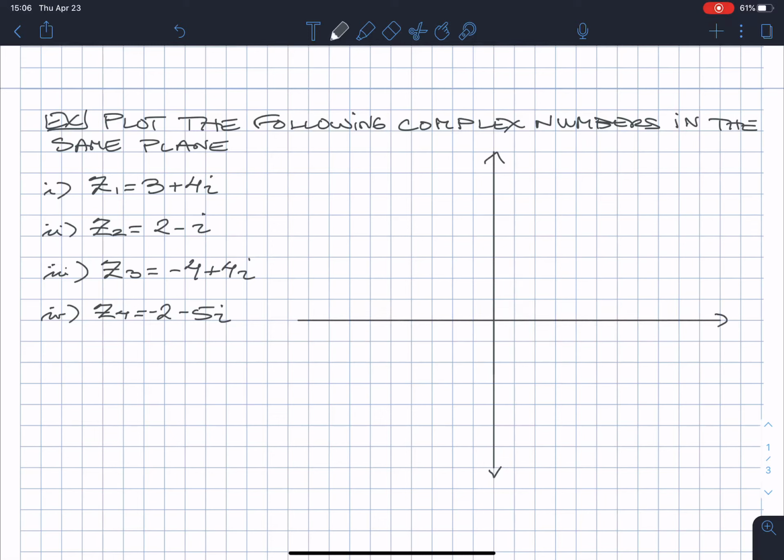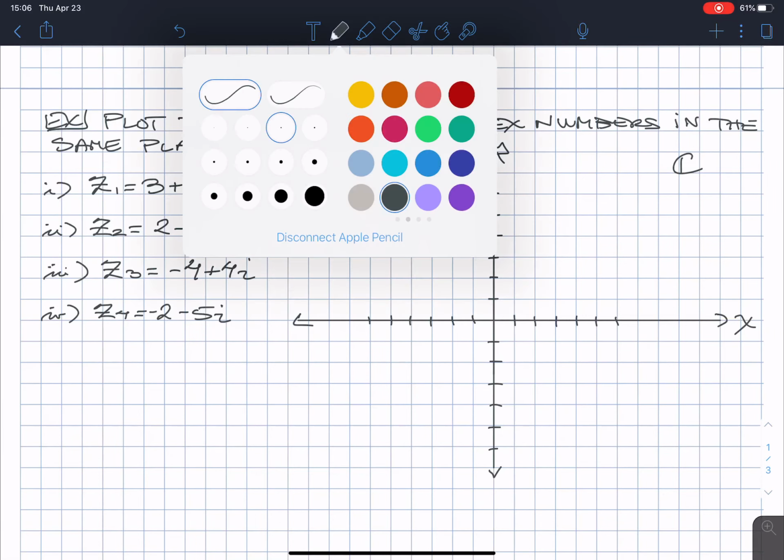So this is the x and iy, because this is the complex plane. So 1, 2, 3, 4, 5, 6 on each of the axes. Okay, so let's color code.